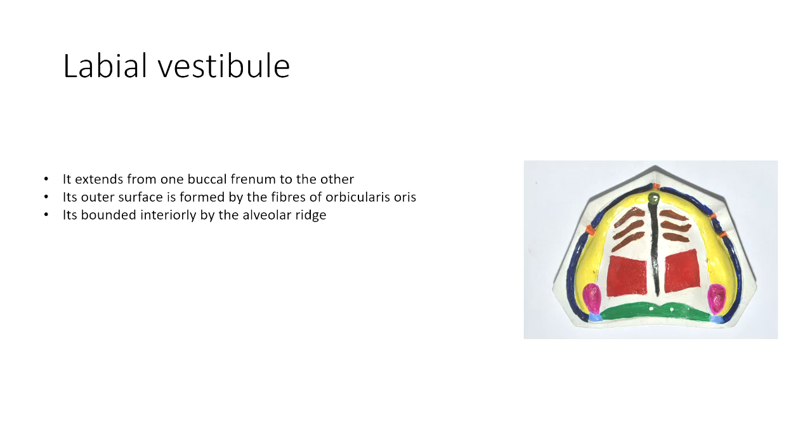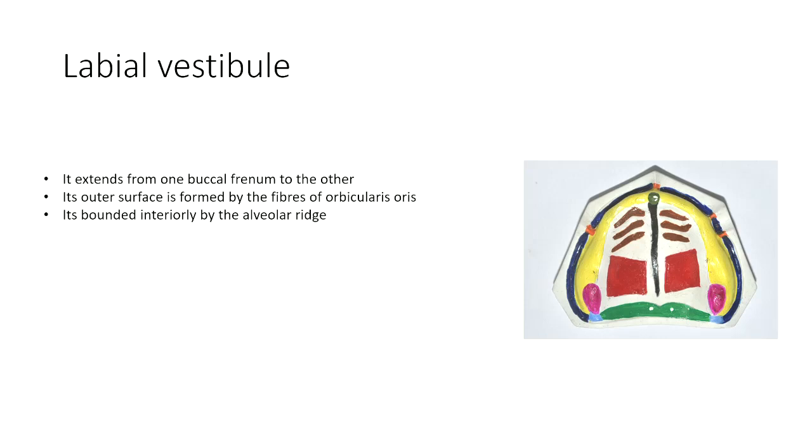Its outer surface is formed by the fibers of the orbicularis oris muscle, and it is bounded inferiorly by the alveolar ridge. That is because it is a structure that comes in between your lip, your cheek, and your alveolus.